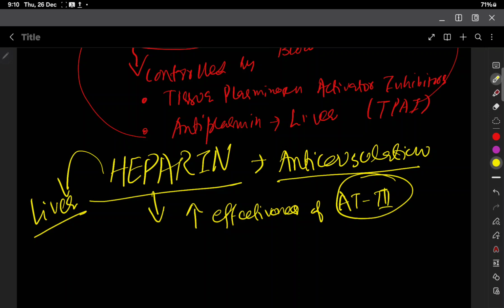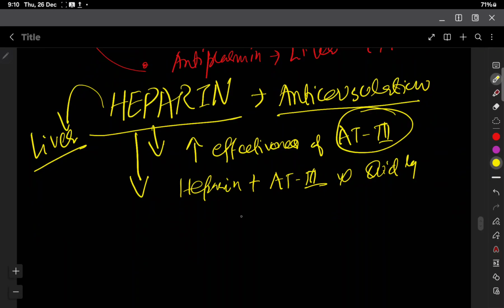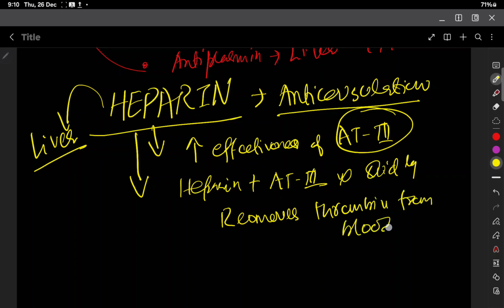So that means it will prevent the coagulation, anticoagulant. Second thing, heparin combines with antithrombin III, and then it quickly removes thrombin from blood. Removes thrombin, means clot, from blood. So it's used to prevent the coagulation. Okay, that is important here.